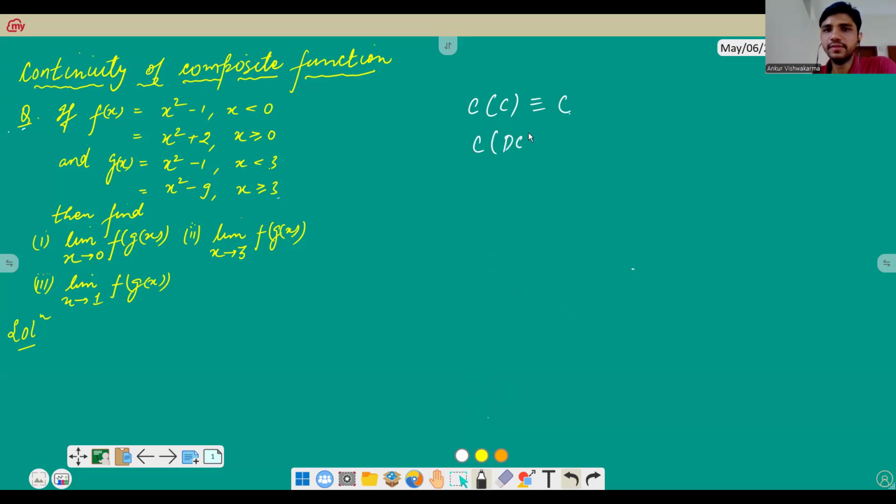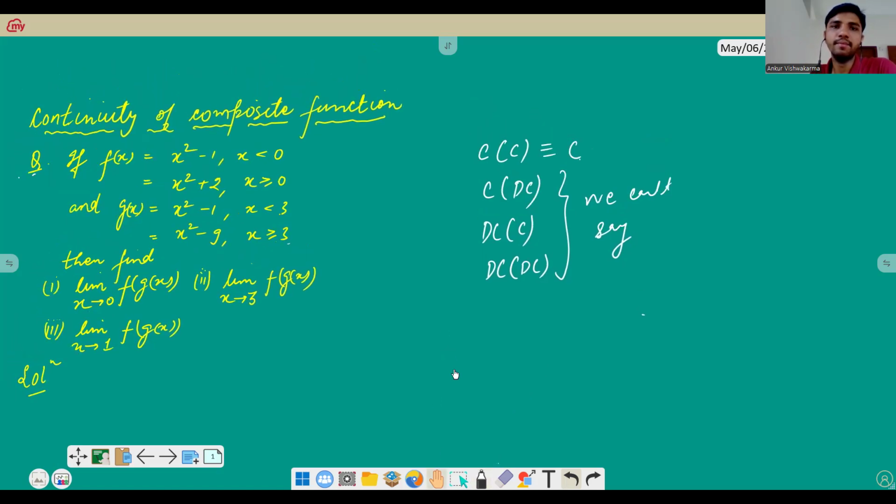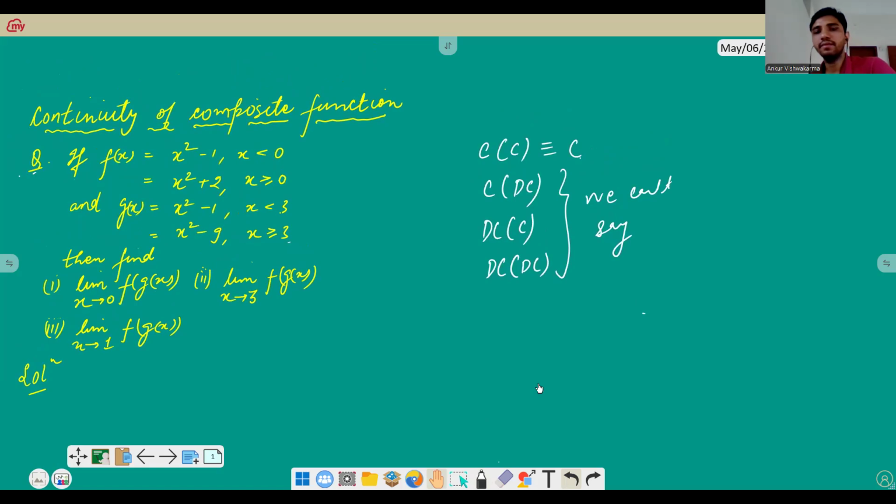A continuous function of a discontinuous function, a discontinuous function of a continuous function, or a discontinuous function of a discontinuous function: in all these three cases, we can't say directly whether the given function is continuous or discontinuous. Obviously, we need to check both the left-hand limit, the right-hand limit, and also the functional value at the point where we are discussing continuity.